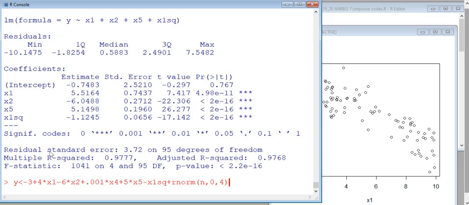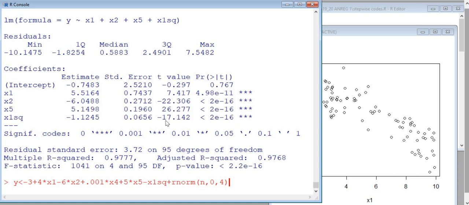Okay, x1 is 4, this is 5.5, x2 is -6. Okay, x4 here is the designed one when generating the model, and this is not significant or included in the stepwise procedure. x5 here is 5, and then x1 squared is -1.12, resembling the one that was set up in here.